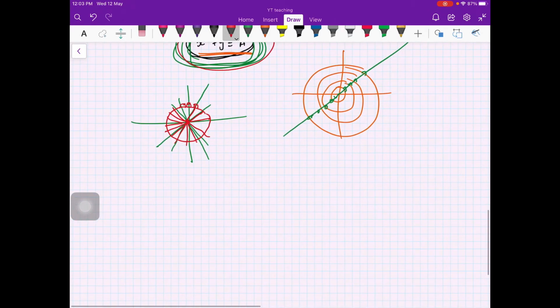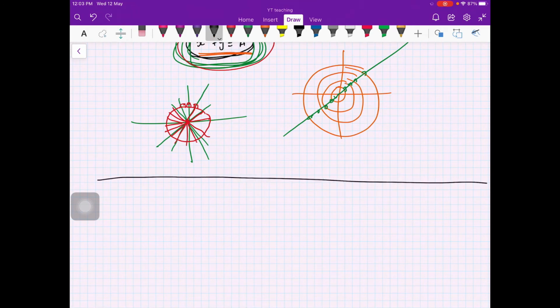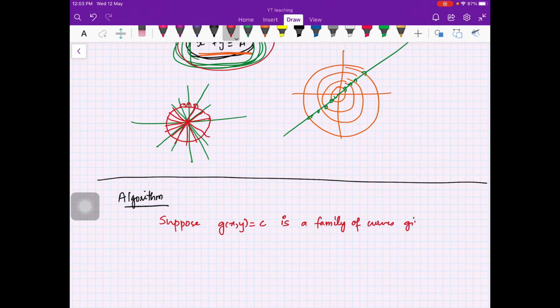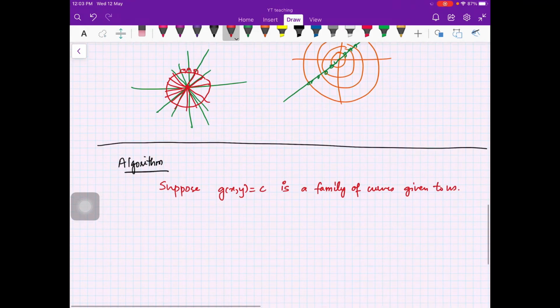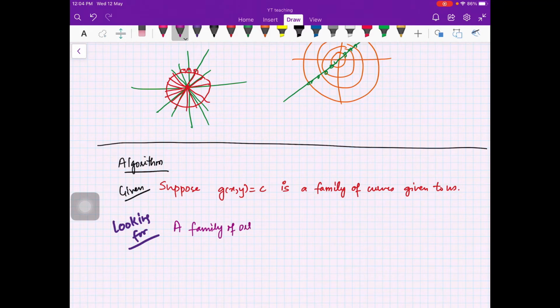So now let us find out an algorithm for how we can find orthogonal trajectories for a given family of curves. So what is the algorithm? Suppose g(x, y) equal to c is a family of curves given to us, and what we are looking for is a family of orthogonal trajectories.